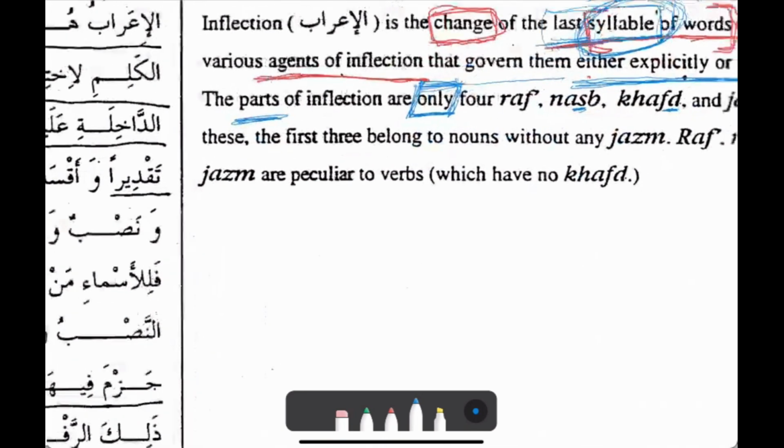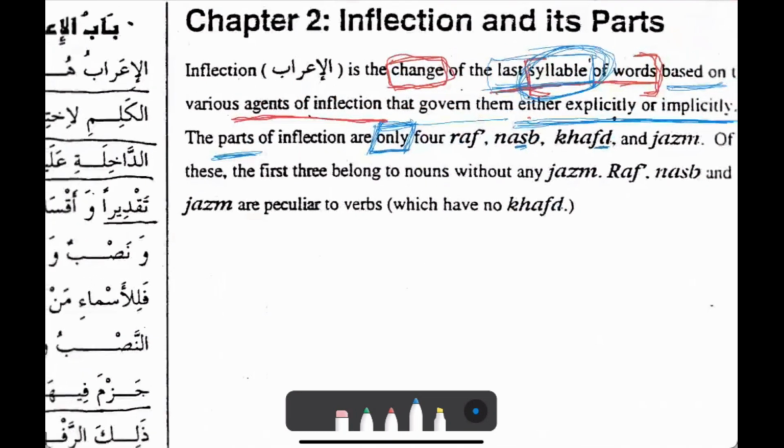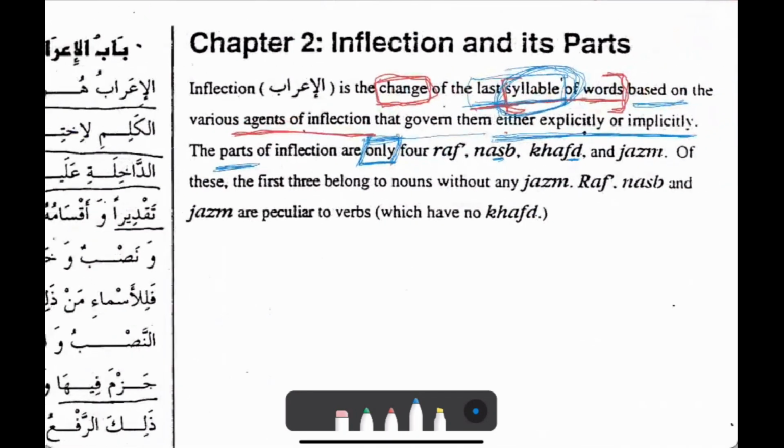So in his translation here, he summarized. Because what does it say in the Arabic? فَلِلْ أَسْمَاءِ مِنْ ذَلِكَ. So for the nouns of that, so he said, of these, that's a summary there. الرَّفْعُ وَالنَّصْبُ وَالْخَفْضُ. He named them. He repeated them. But in this translation, he didn't repeat them. He just said the first three. So he took a liberty there.